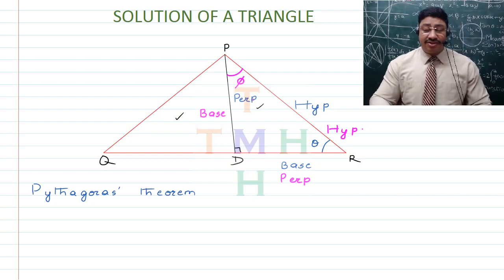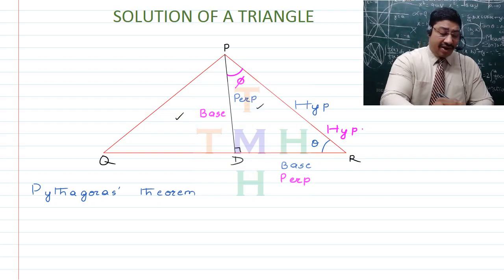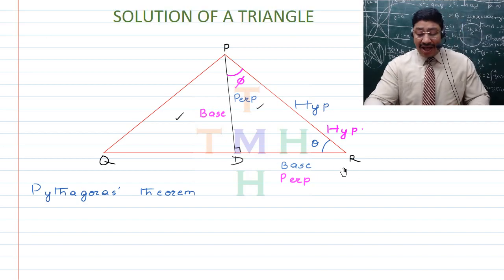So the base and the perpendicular change in accordance with the known or the unknown angle. You have to remember that in front of the known angle you have the perpendicular, and the third side will become the base, as the side which is in front of 90 will always be the hypotenuse.